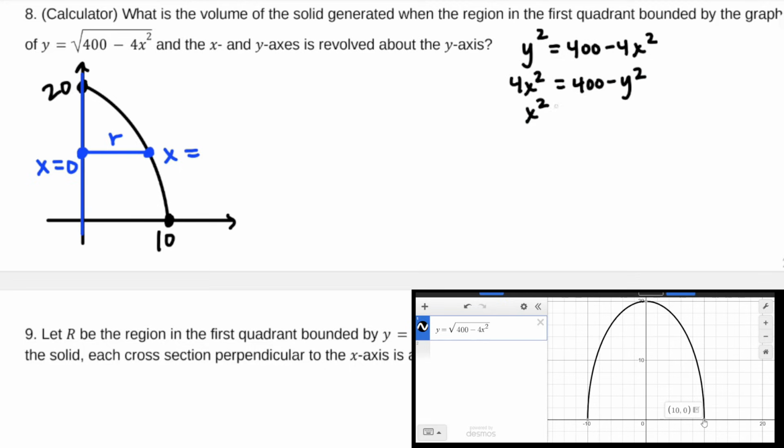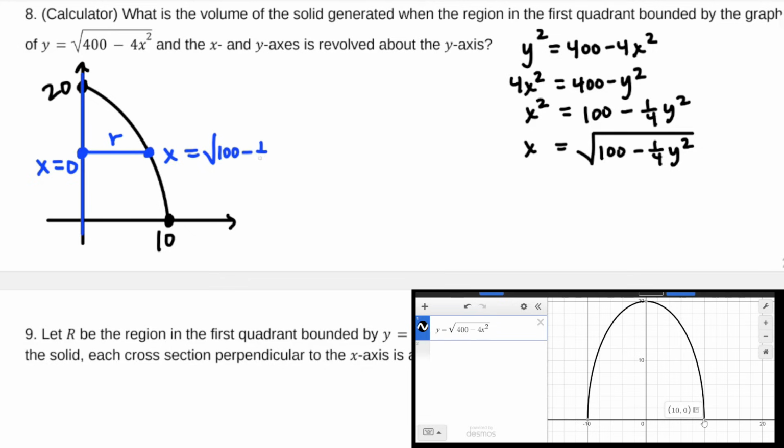Divide by 4 maybe. 100 minus 1/4 y squared. Then I'm going to take the square root of both sides and then check for reasonableness. All right, yes, x is equal to a positive number because I'm working in the first quadrant, so I want the positive square root. And then there I've got it. Okay, so x is the square root of 100 minus 1/4 y squared.